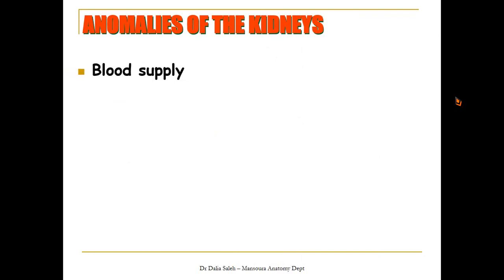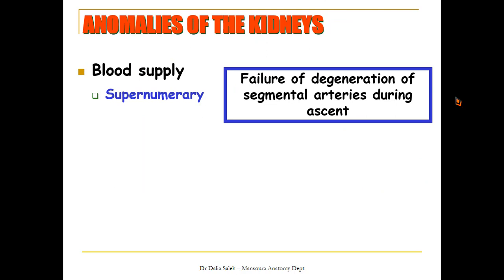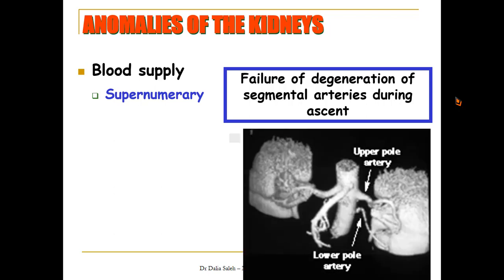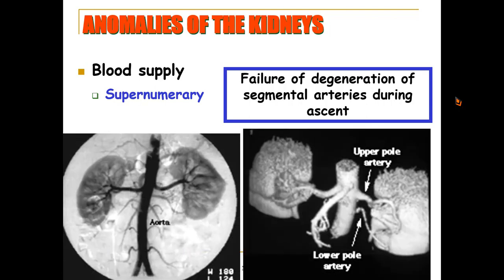Also, the anomalies could be in the blood supply of the kidney. We end up with supernumerary renal arteries, and this is because of failure of degeneration of the segmental arteries during ascent of the kidney. So during ascent, the kidney takes its blood supply from the aorta, and when it ascends one step higher, this artery will degenerate and the one above it will persist and supply the kidney.